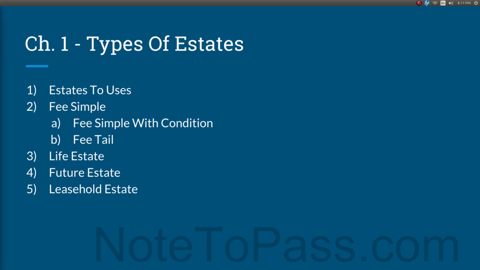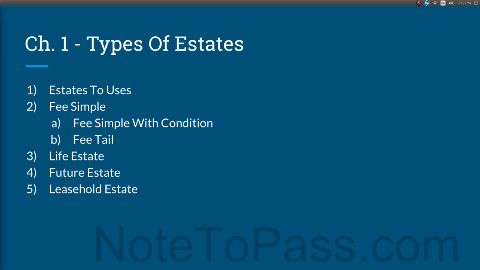Now number 3 and number 4, life estates and future estates, are both related to each other, so we're going to discuss them together. A life estate is when somebody provides you the property to occupy for your lifetime, and a future estate is when somebody gives you the property to occupy in the future.